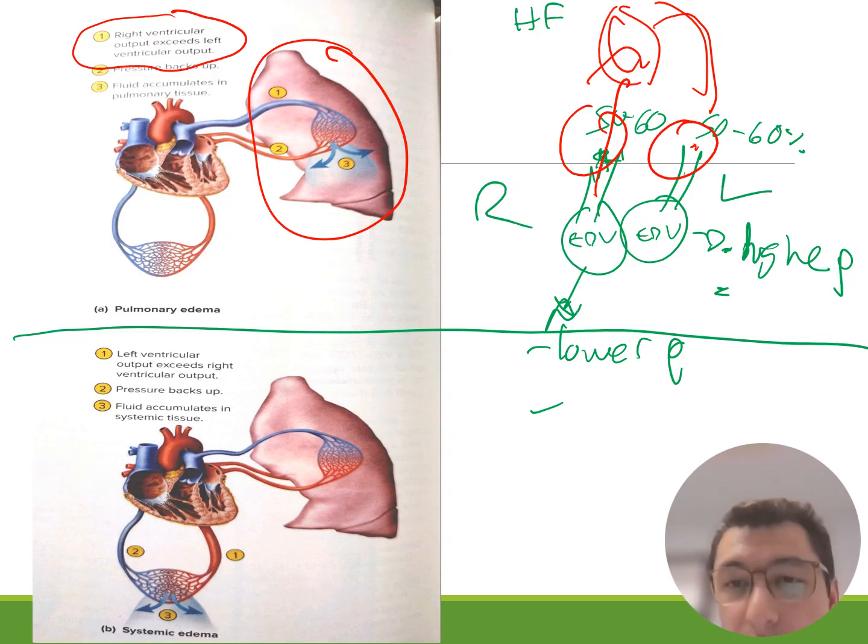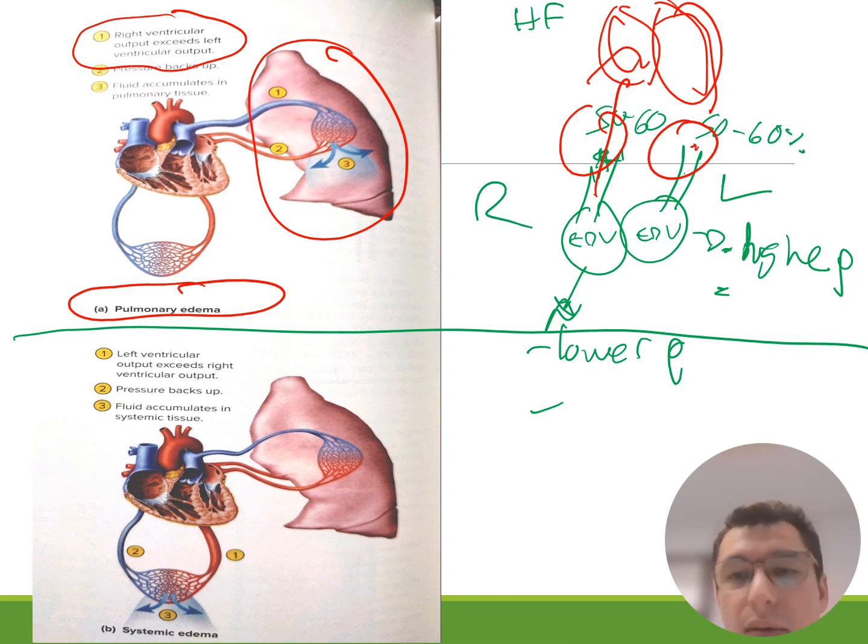The lungs won't be able to dump it. So if we start putting more blood out of that right ventricle, we're going to lead to pulmonary edema, because the blood flow is not moving at the speed it has to, so we have accumulation of fluid within the lungs themselves. You can recognize pulmonary edema because patients are short of breath.